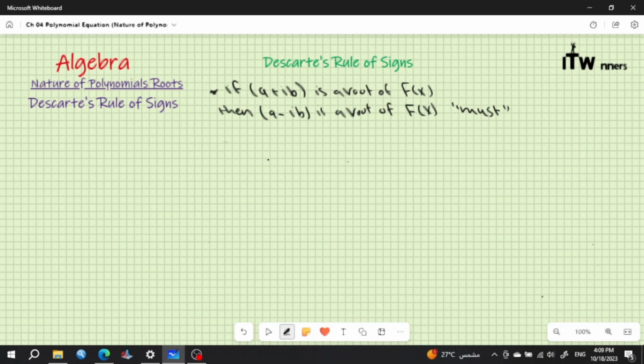Okay, then we have to say the number of imaginary roots of any polynomial equation must be an even number.